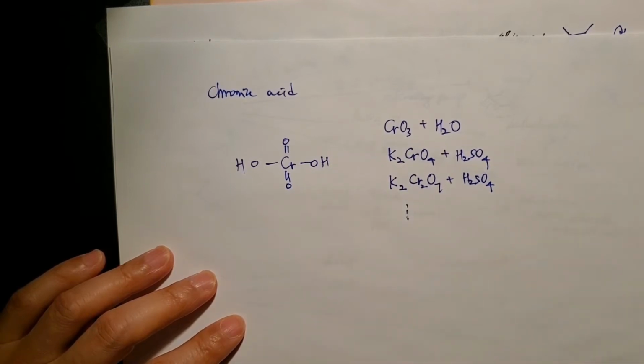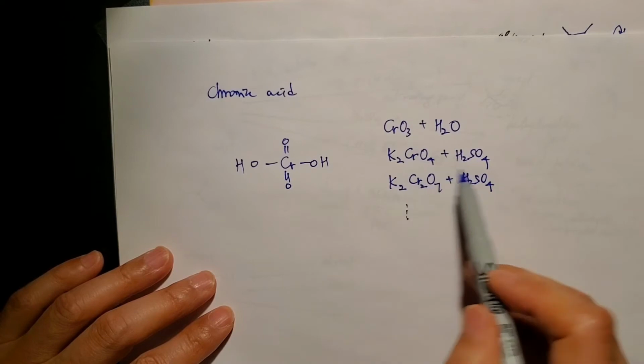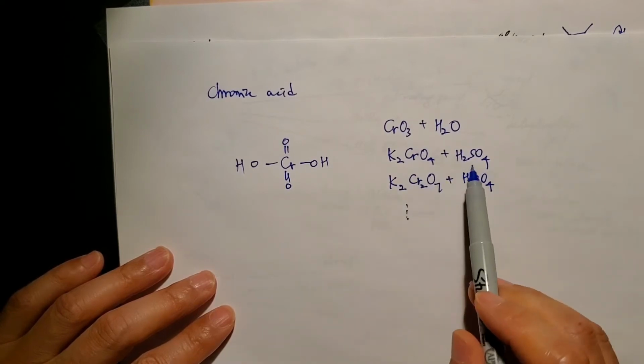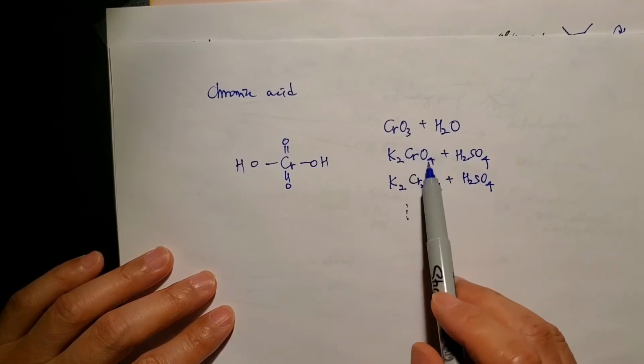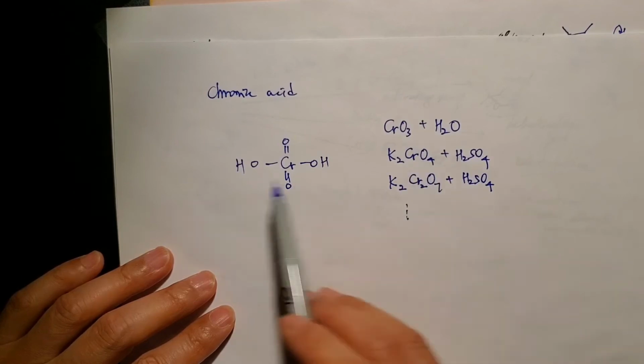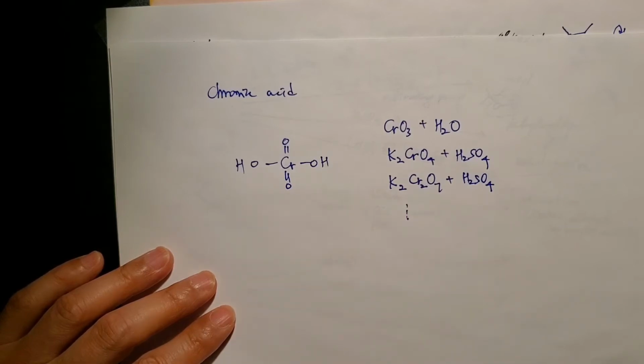So same thing. And I'm expecting you to come up with a simple chemical reaction by now. So there you have a sulfuric acid donating 2 hydrogens, so the negative oxygens here will get a hydrogen each, and you get chromic acid.